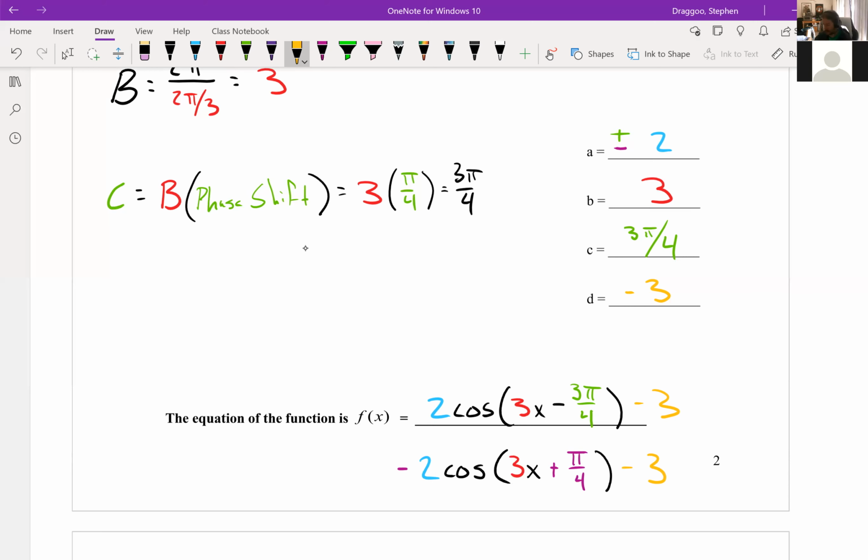So also a valid equation for this cosine graph.